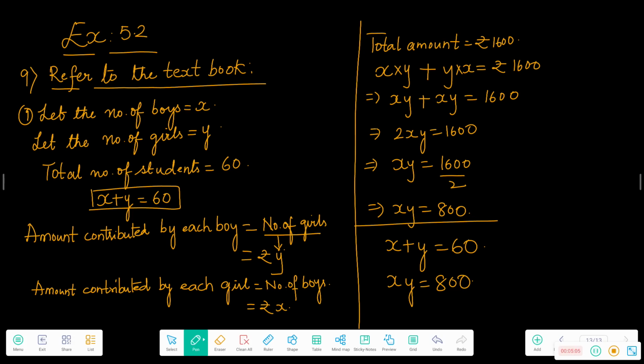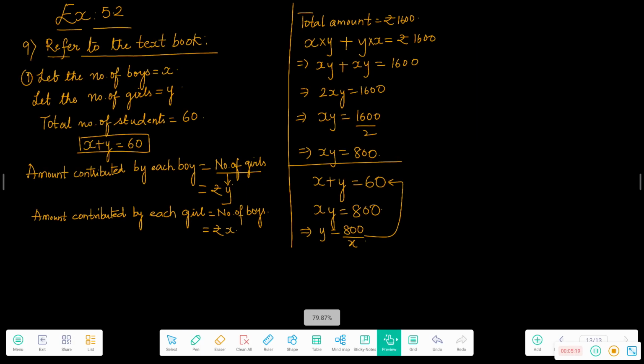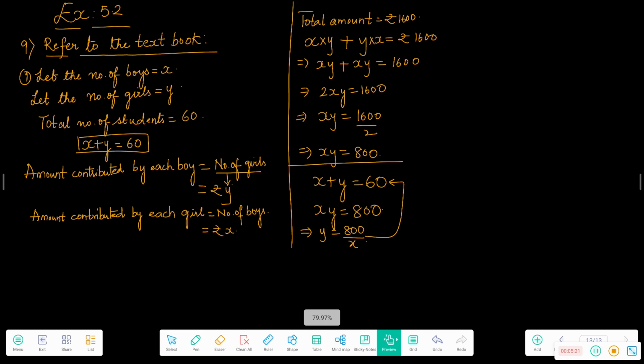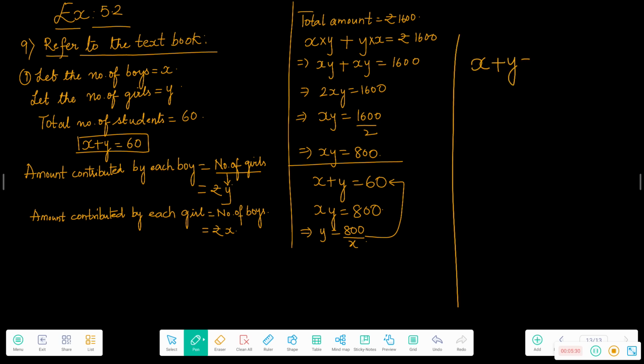So we can find the y value as 800 by x, and substitute this in the equation x plus y is equal to 60.